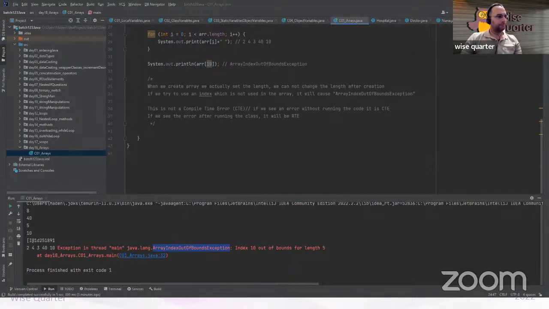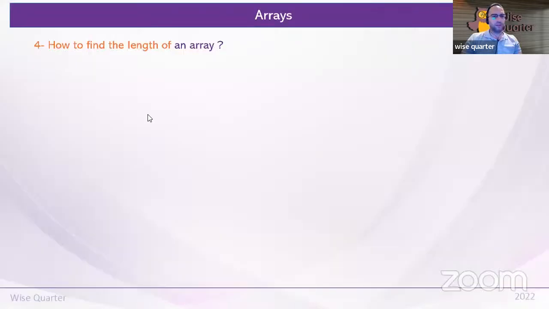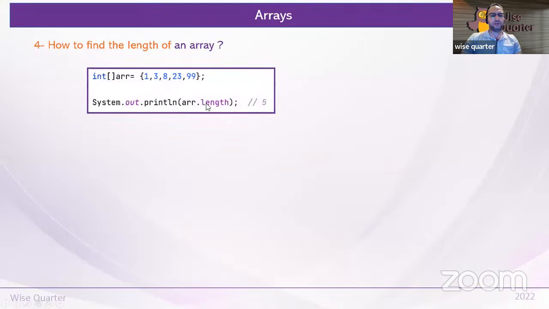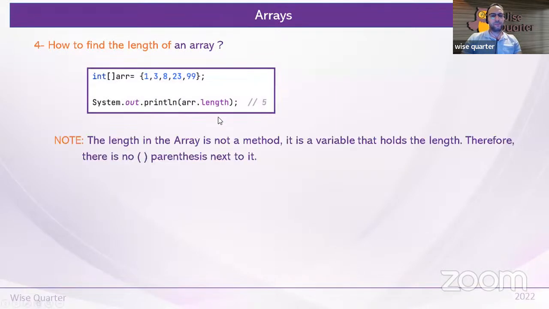Okay. Now let's go back to the slide and see how to find the length. It's very easy. You just need to write array.length. It is not very important at the moment, but still I want to show you something. When you write array.length, this is not a method. If it was a method, there would be brackets after it. This is just a number.